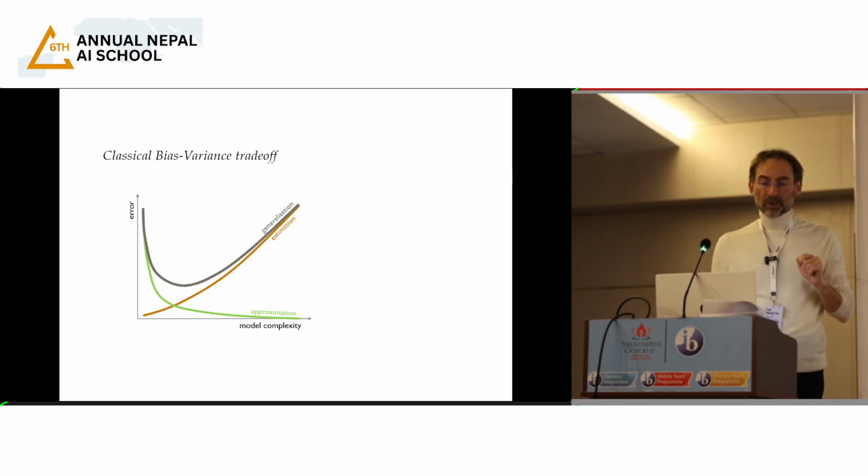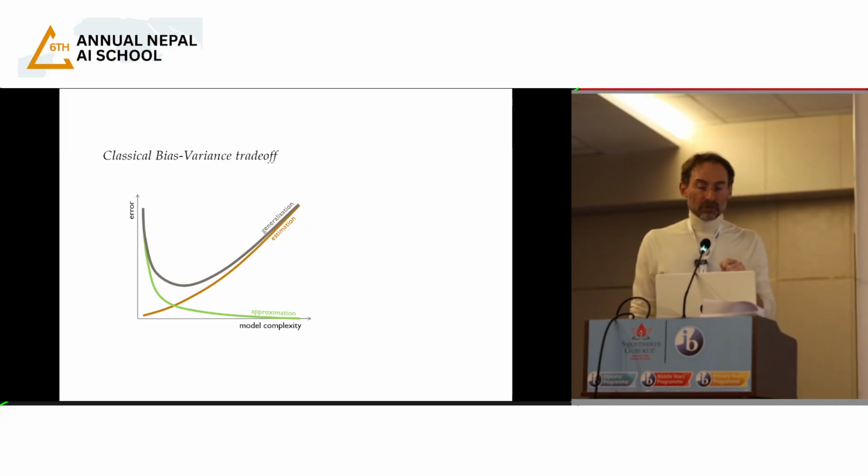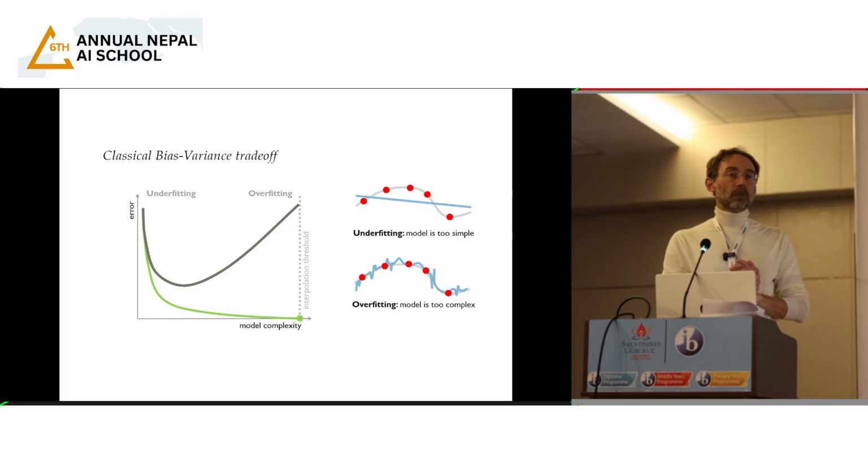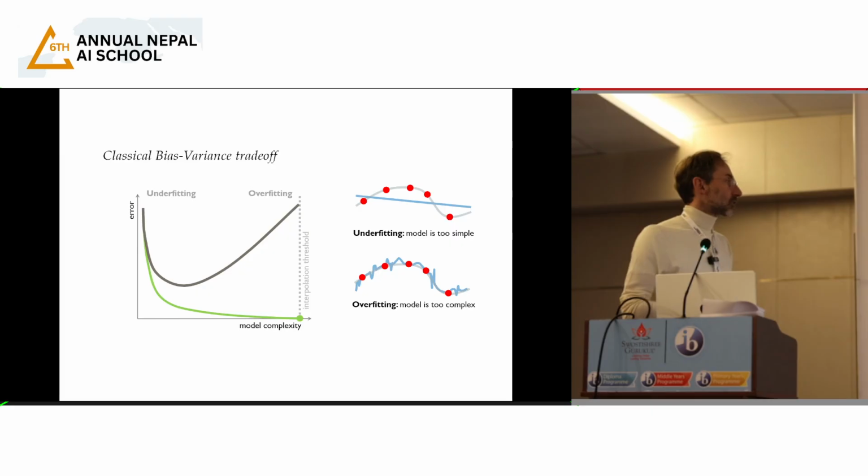The first phenomenon we call underfitting, when our model is too simple, like here, where I'm trying to fit a linear model to something that is non-linear. It's not complex enough, so it doesn't capture the complexity of the problem. The other phenomenon, if I make my model too complex, is called overfitting.